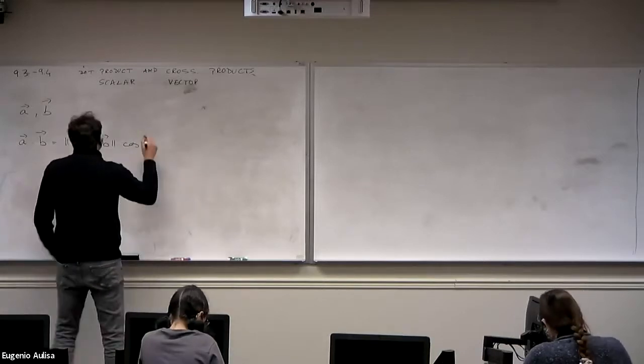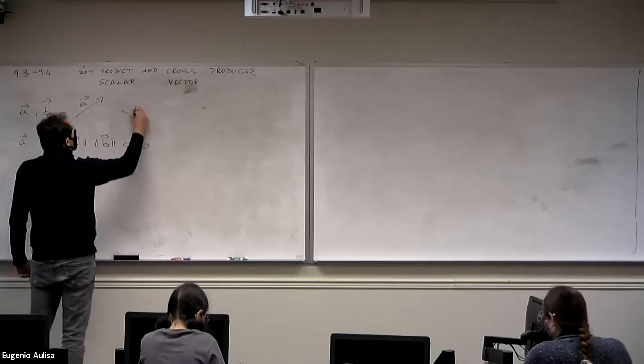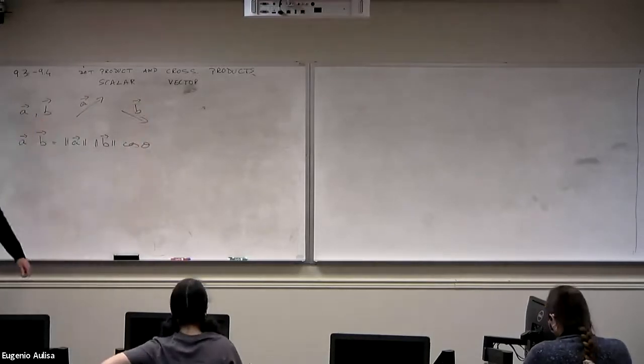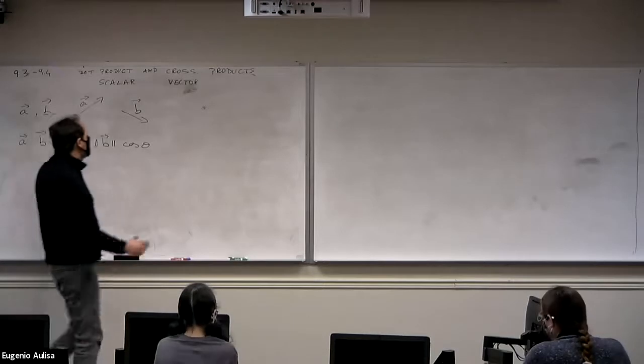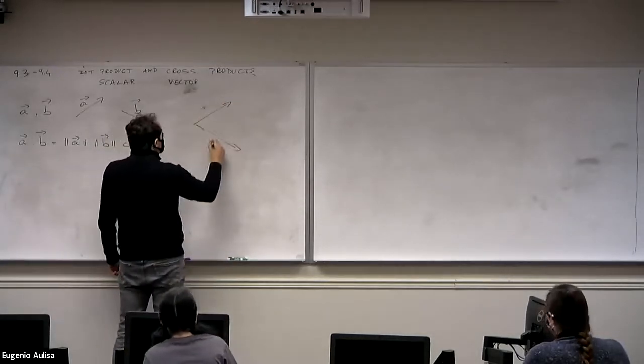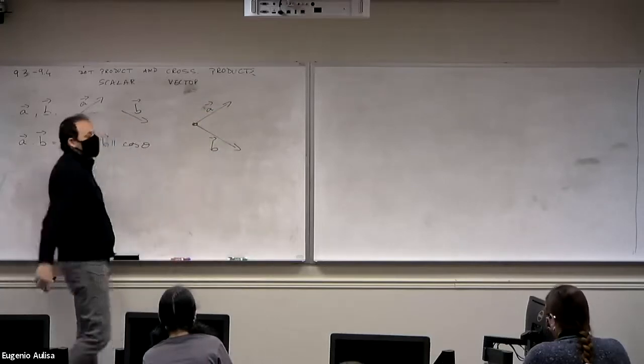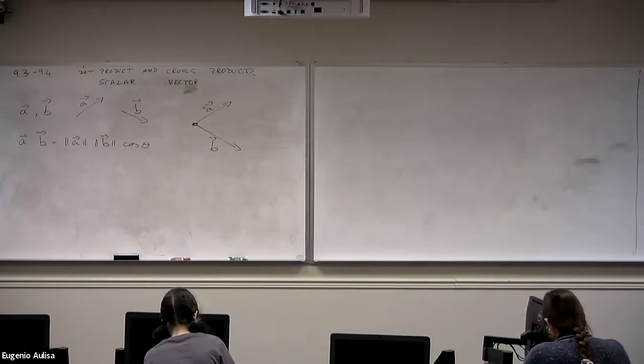So if this is A and this is B, the first thing that you do is that you place A and B exactly with the same origin. So you shift them, so this point is the same.